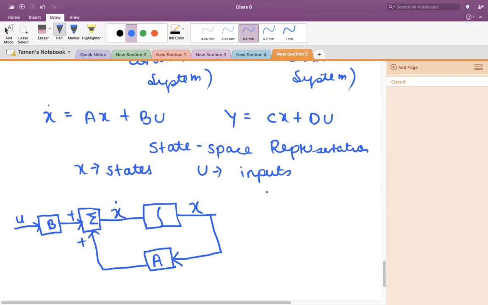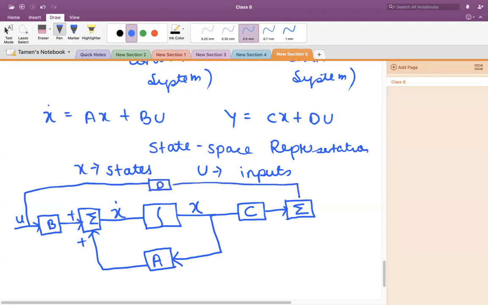Now we need the Y part. Y equal to CX plus DU. We will again multiply with the gain C matrix, plus DU, so we require a summation here, plus D into U. From this part there will be a D matrix which will come till here.